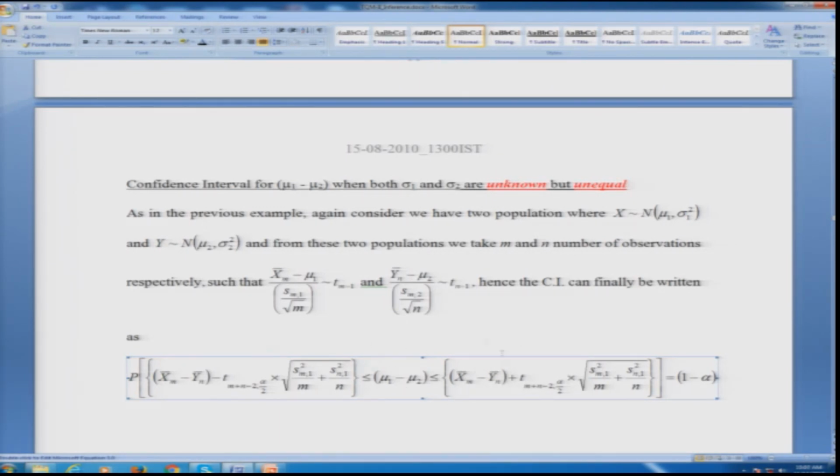If you go on to the right hand side, the upper limit of the confidence interval would be exactly the same with a plus sign before t.